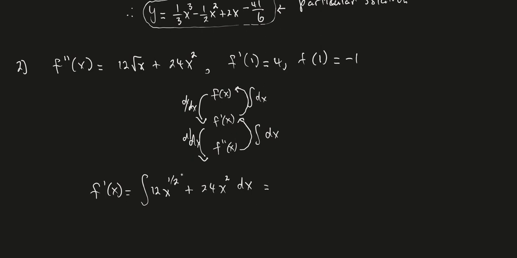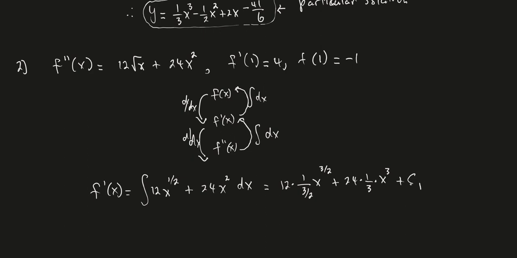So let's write down what this is, and I'll just write it on the same line. When we add 1 to this exponent, it becomes 3/2. So this is going to be 12 times 1 over 3/2 times x to the 3/2 plus 24 times 1 over 3 times x to the 3rd power, and then plus c, and I'm going to call this c1.